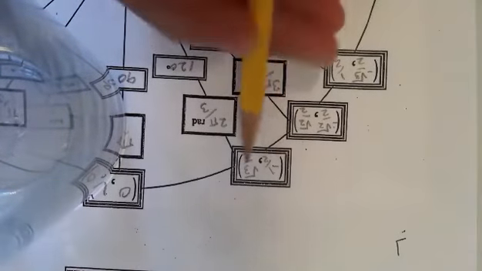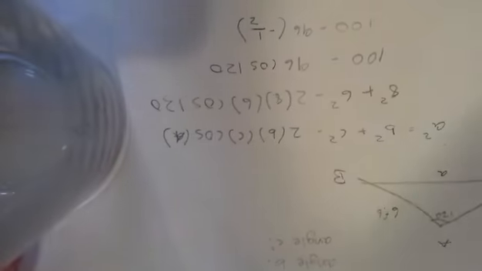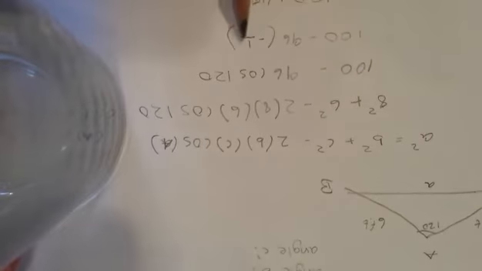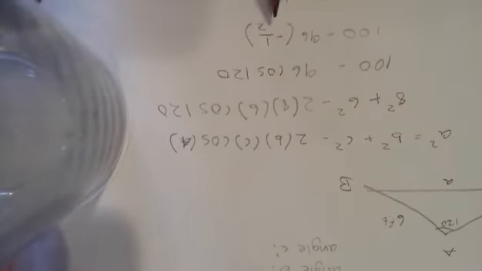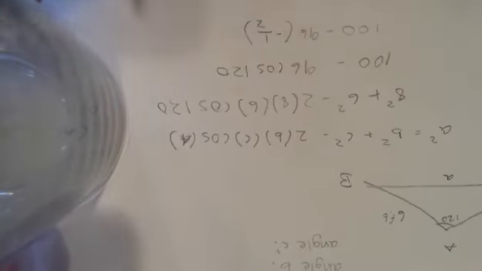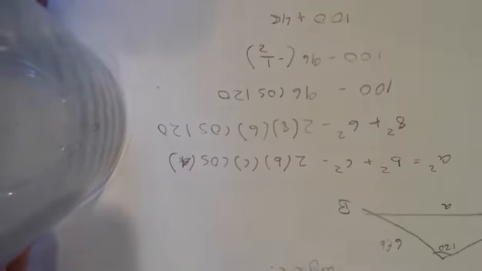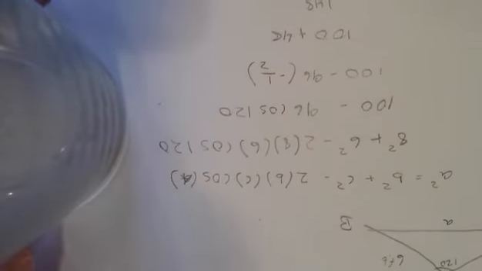Cosine is the x value and sine is the y value. So you take negative 1/2 and plug it back into the equation. Negative 1/2 times 96 gives you negative 48. So you have 100 minus negative 48, the negatives cancel out, and you get 100 plus 48.